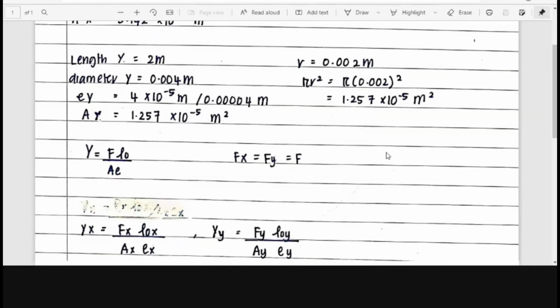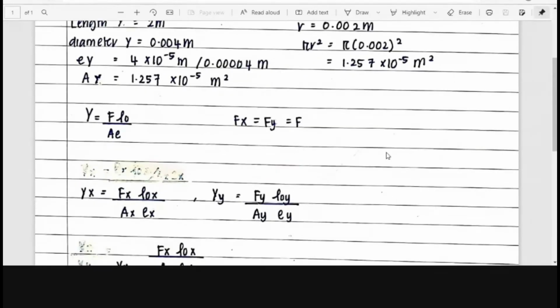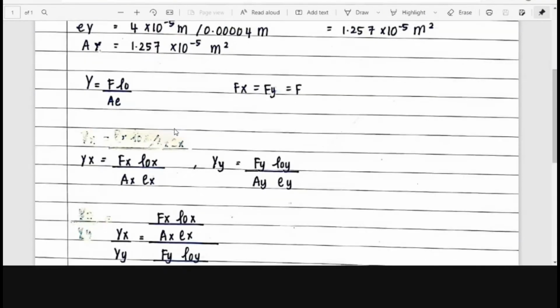Lepas tu kita tahu formula Young's modulus ialah force, L0, bahagi area dengan extension. Untuk wire X, F_X L0_X bahagi area_X extension_X. Kalau untuk wire Y, F_Y L0_Y bahagi area_Y extension_Y.